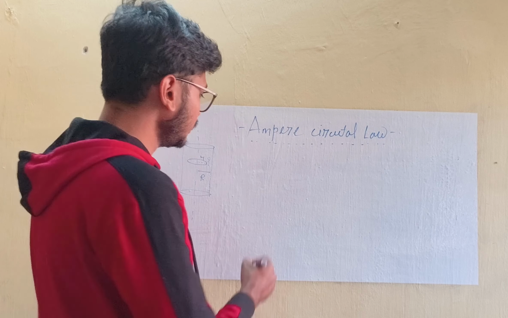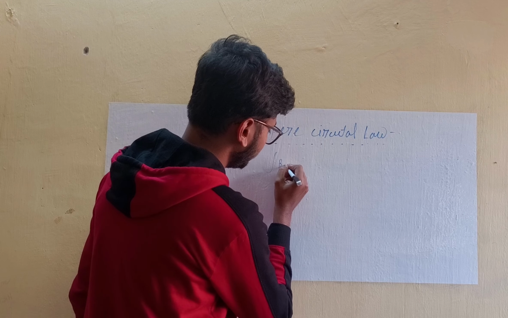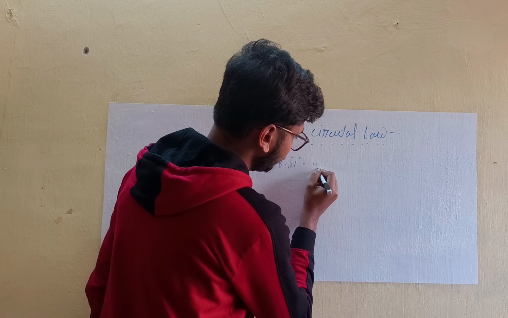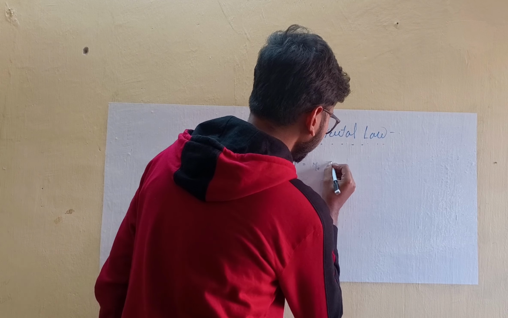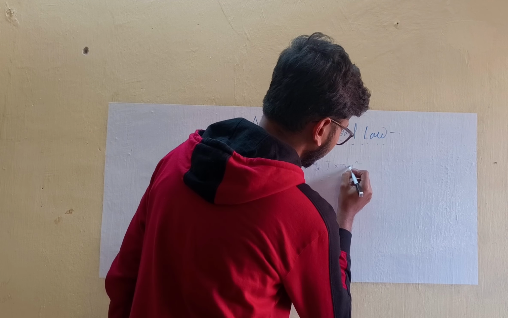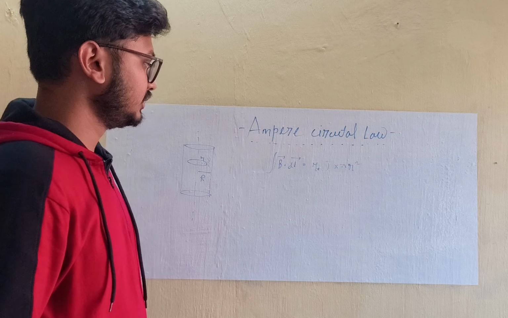Now from equation 1, we can write that the closed integral of B dot dl is equal to mu 0 times, we will replace I enclosed with J times pi r square.